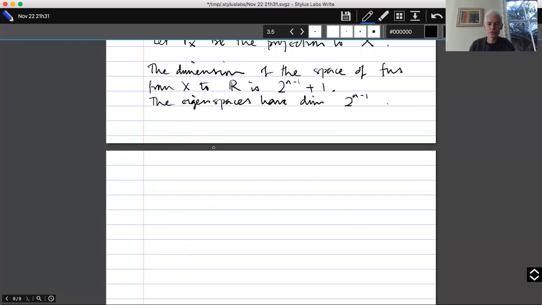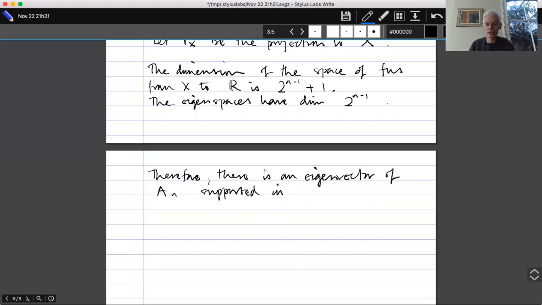And therefore, there is an eigenvector of this matrix A_n supported in X. In other words, all its non-zero coordinates live in X. So let's call it v.